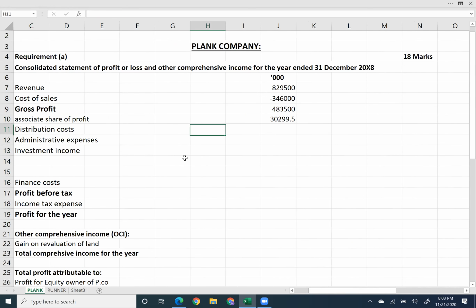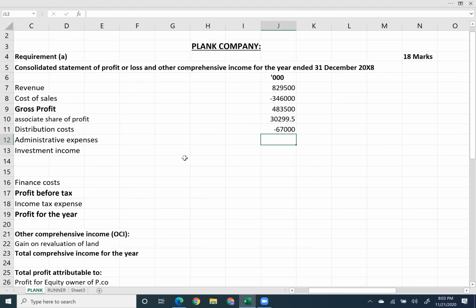Parent company's complete share is 58,000 and the subsidiary's is 16,000 times 9 upon 12. So I use negative 58,000, and 16,000 times 9 upon 12 is 9,000. So this becomes 67,000.